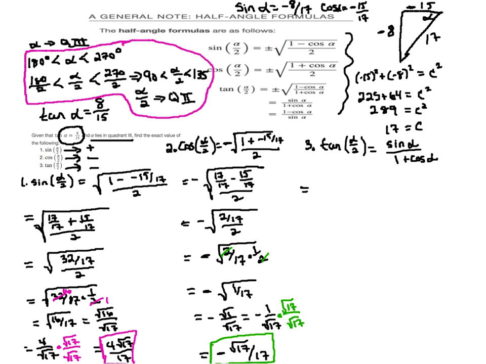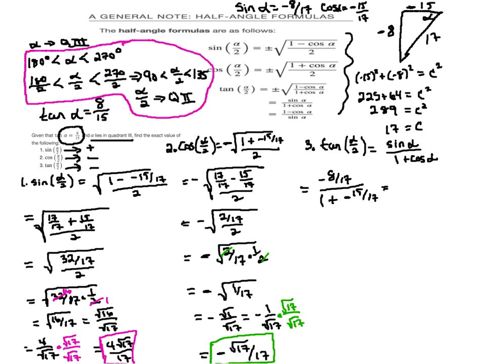I wanted to make it easy on myself. Okay, so the sine of alpha is negative 8/17. And then I have 1 plus the cosine of alpha, which is negative 15/17.